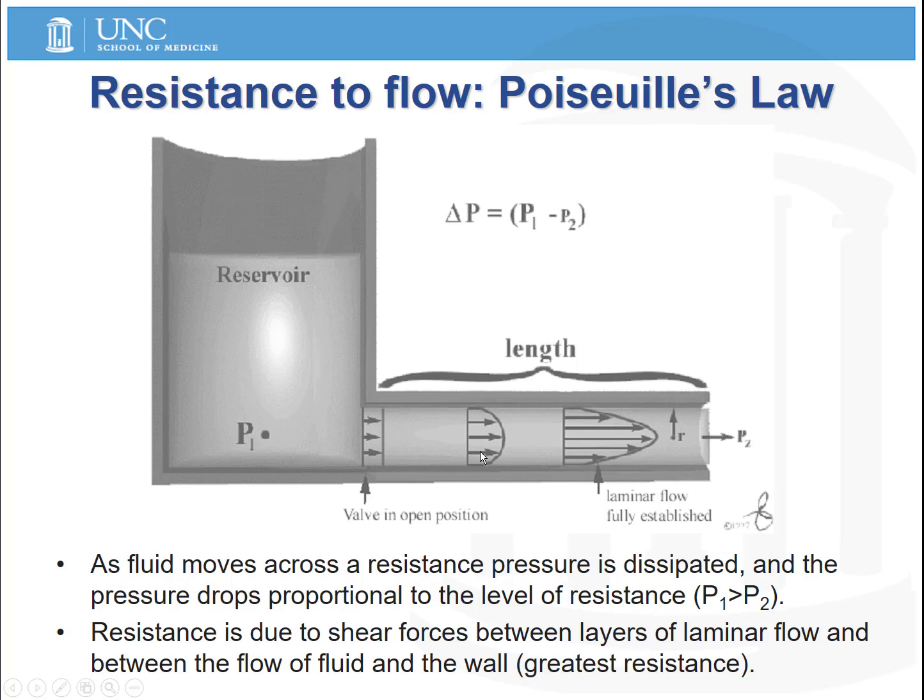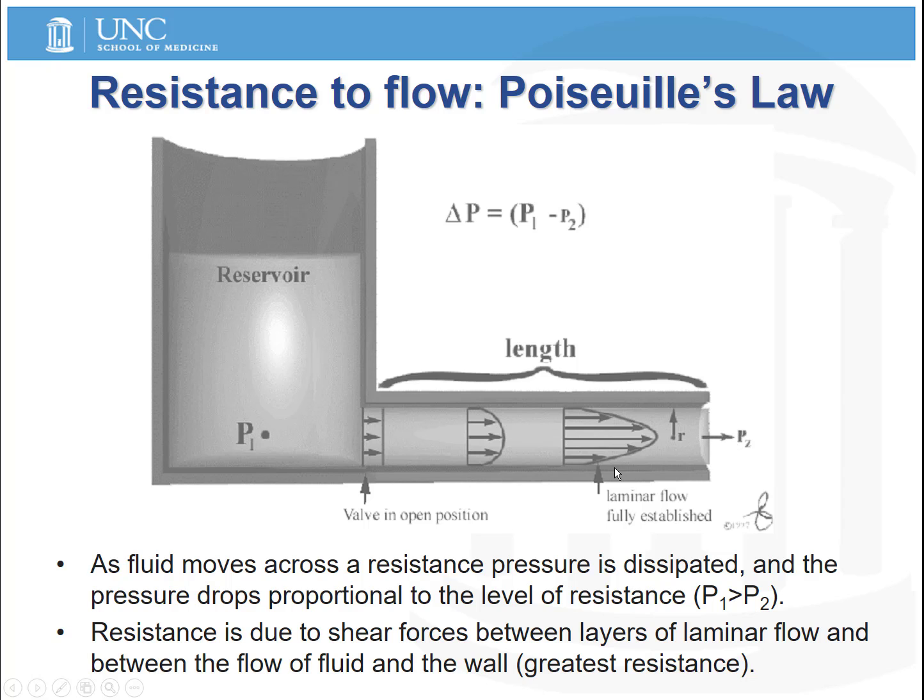And the fluid flows across this resistance, and the pressure is dissipated as it flows through the tube according to the level of the resistance present in the tube. And then at this ending pressure, P2, it's less than the original starting pressure. So there's a pressure drop as the fluid flows across the tube that's proportional to the level of resistance.